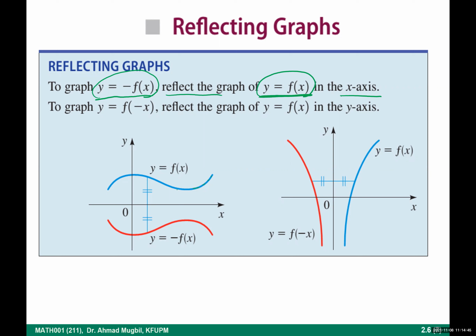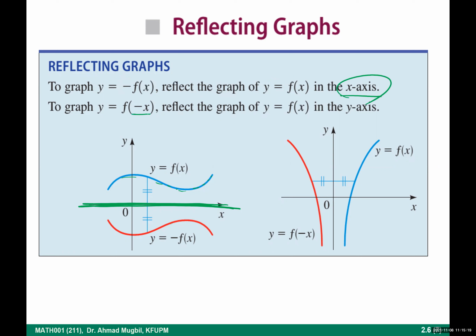Just imagine that you have a mirror at the x-axis, and the graph here in red is just the image of this blue graph in the mirror. So this is the reflection. When all the y values are multiplied by -1, all the positive will be negative and all the negative will be positive. We will have a reflection in the x-axis.